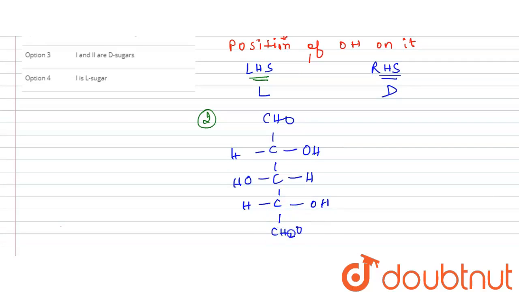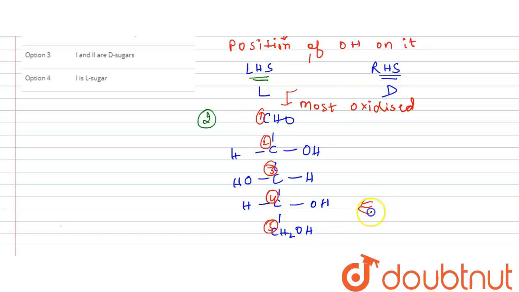In this compound, again you have the most oxidized group at the top position, so again you start numbering: 1, 2, 3, 4, 5.